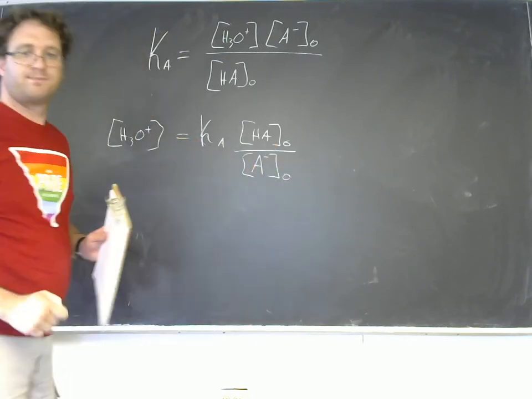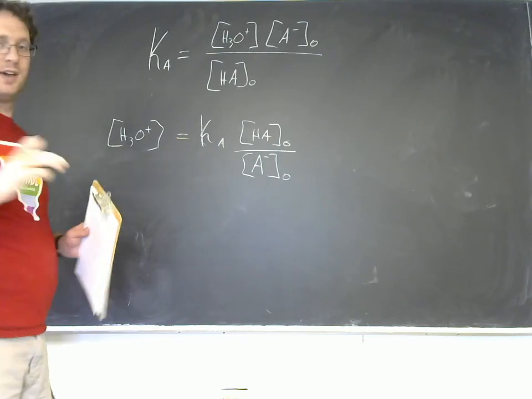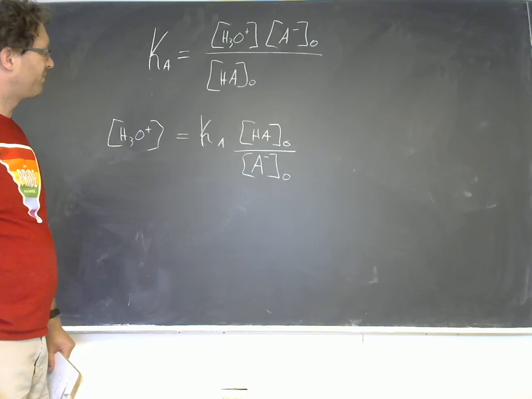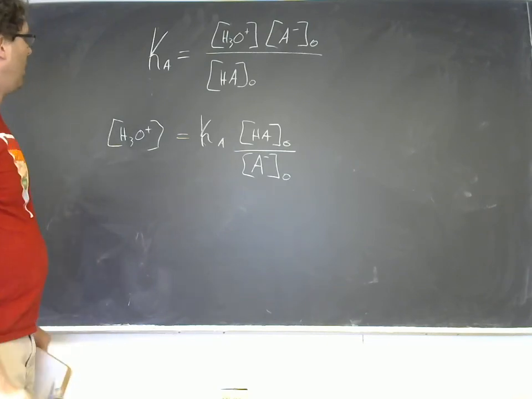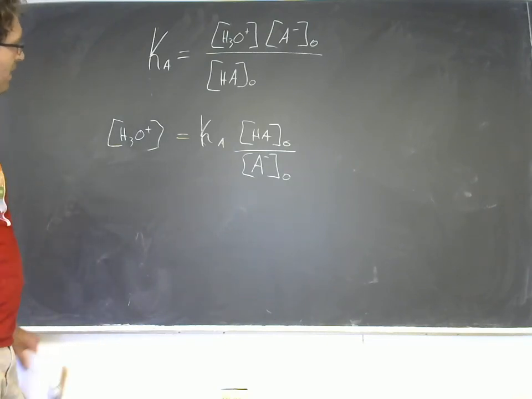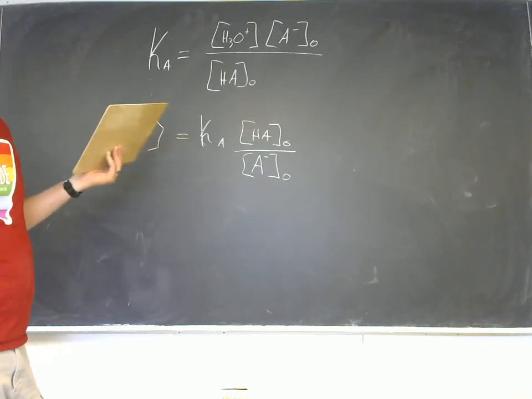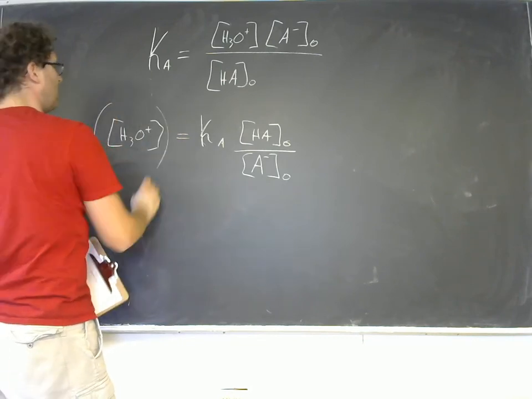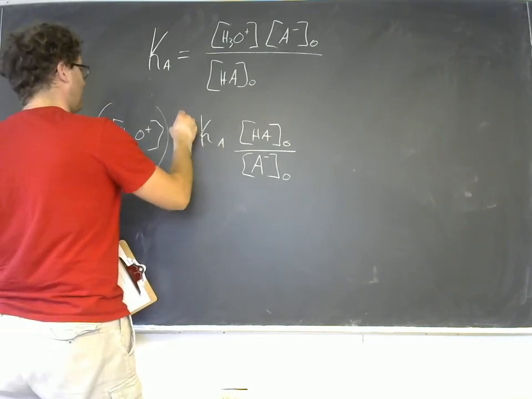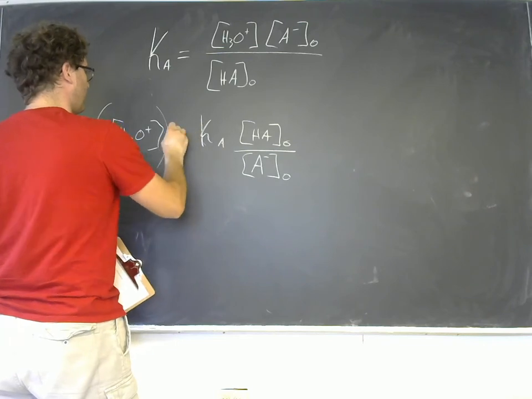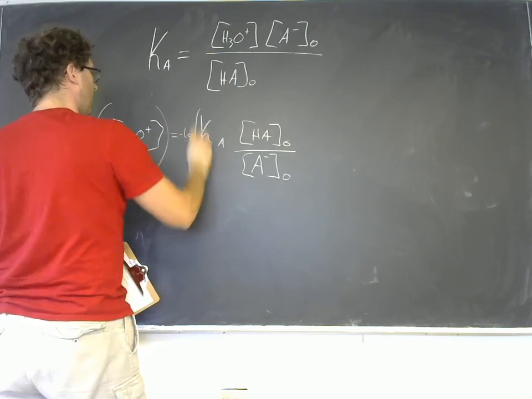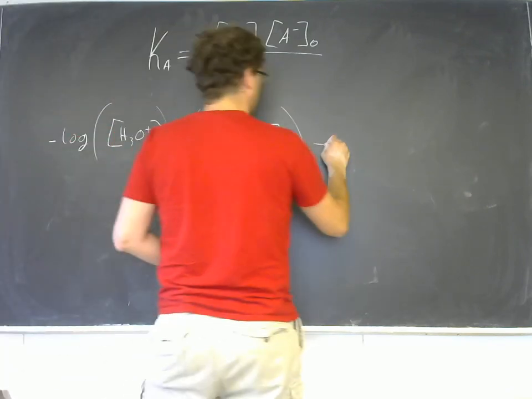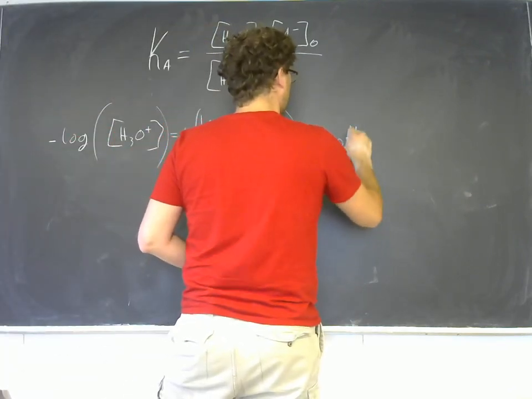There we are. Sorry, I was getting ahead of myself, and I had to make sure this was going to work out in the end. All right. Well, how can we use this? If I want to convert that H3O plus into a pH, I would take the negative log, right? So I'll take the negative log of this, and I need to take the negative log of everything over here. And so that's going to give us the pH on the left side.